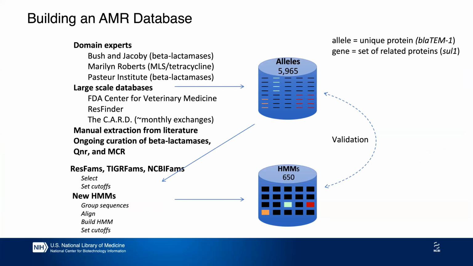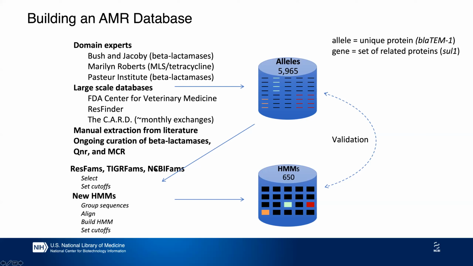As was talked about earlier, I won't go through this in great detail because the first talk did such a nice job of laying things out. But we get our data from a variety of sources. We've collaborated with domain experts. We have monthly or every couple of month exchanges with CARD. We also are the curators of note for beta-lactamase alleles, quinolone resistance alleles, and mobile colistin resistance alleles.